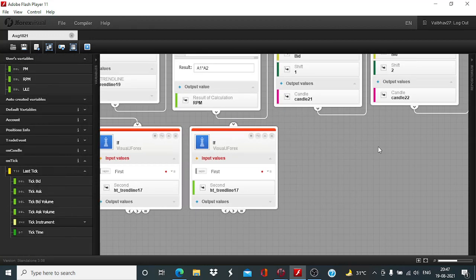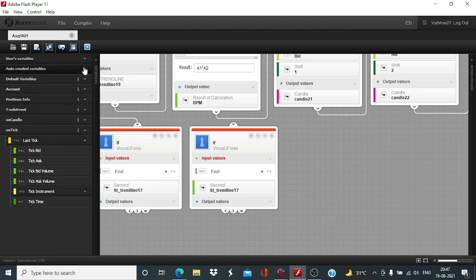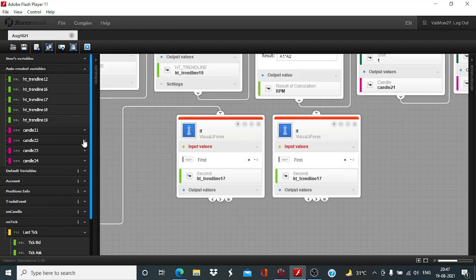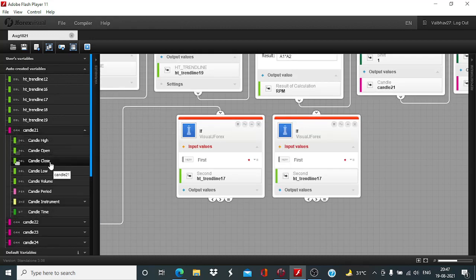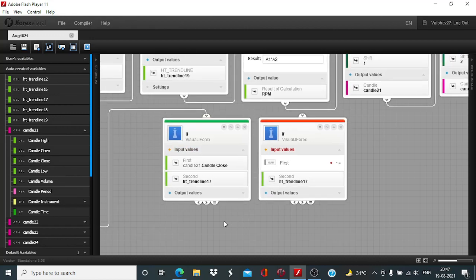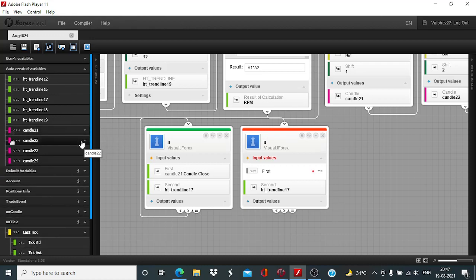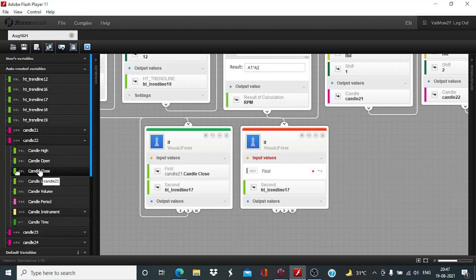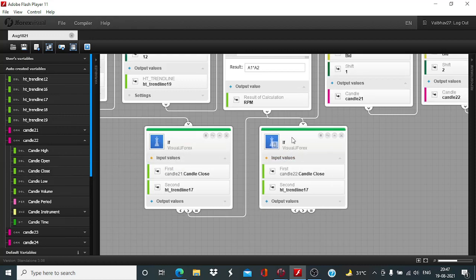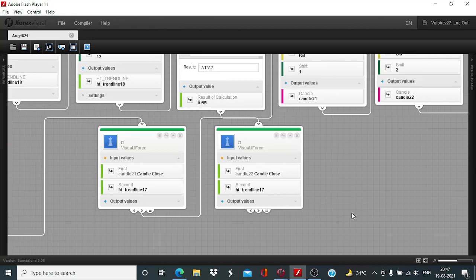Now we have to take closing values of candle 21 and candle 22. Candle 21 candle close needs to have been greater, first input greater than second input, and candle 22nd candle close needs to have been less.